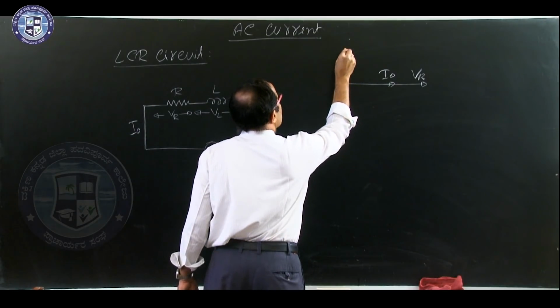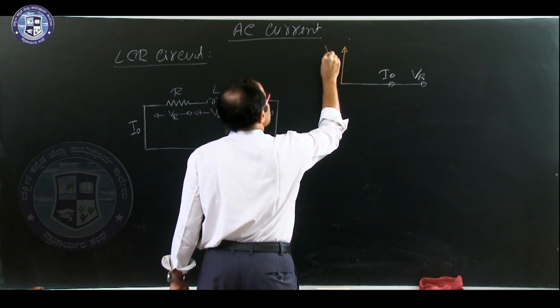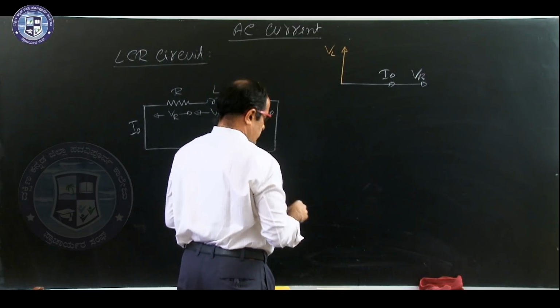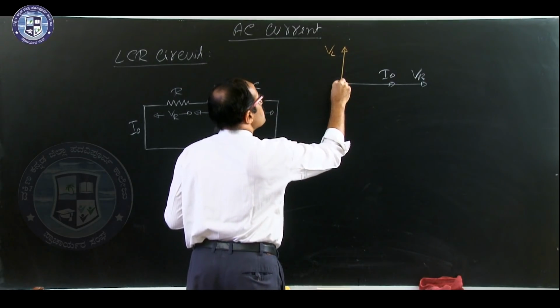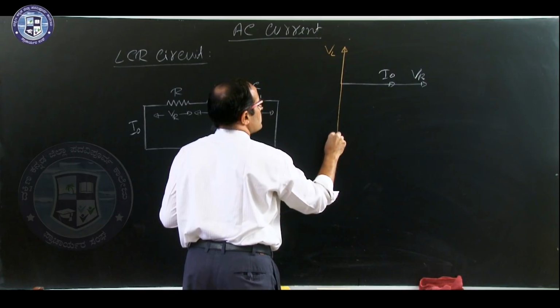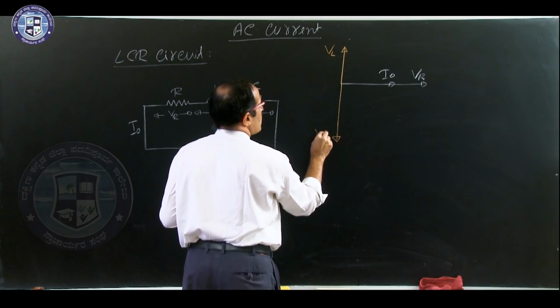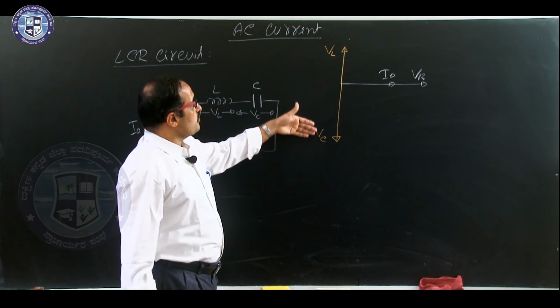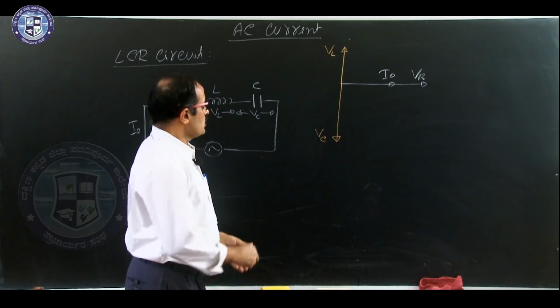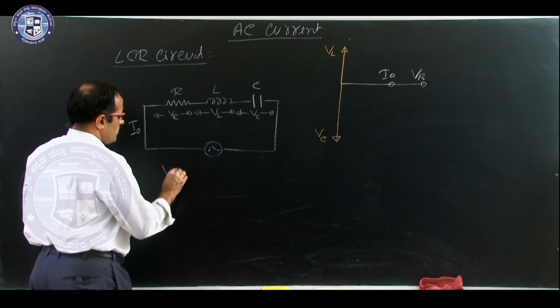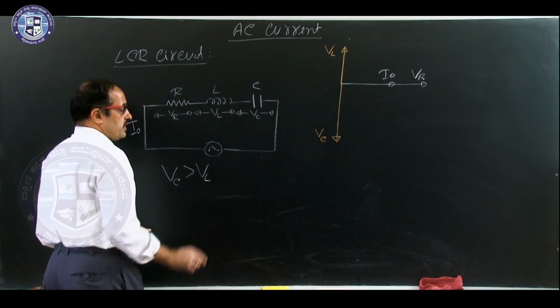This is VL, and this is voltage across capacitor. Look into this drawing. It is very clear, Vc is more than Vl. So, Vc is greater than Vl.